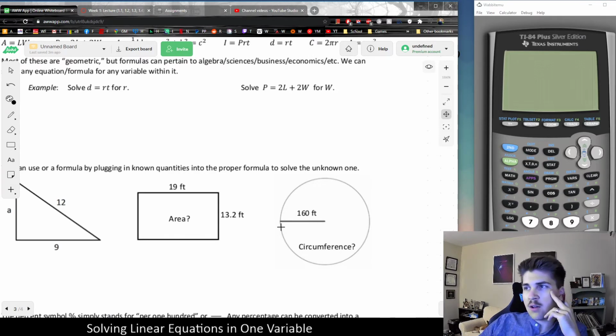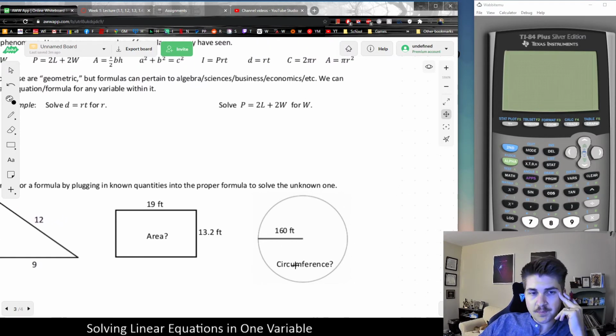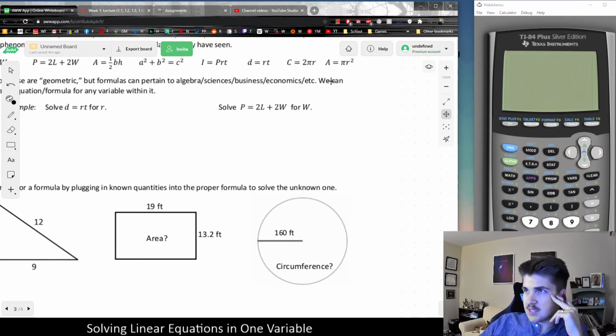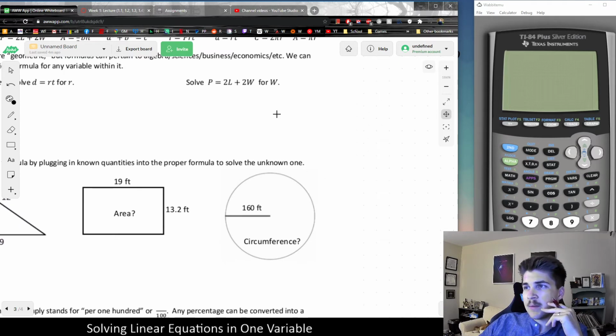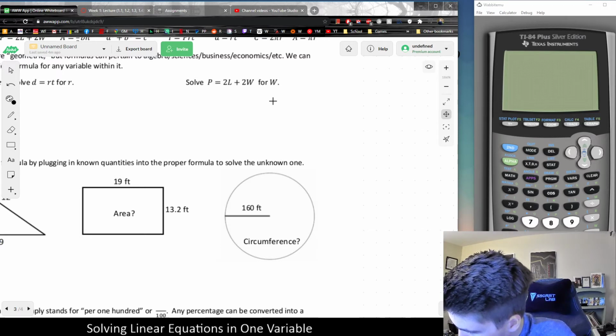If you wanted to know the distance to walk all the way around the outside, that's what the circumference means. And if you know the formula, circumference is equal to twice times pi times the radius, that will allow you to figure out the property you're trying to know.